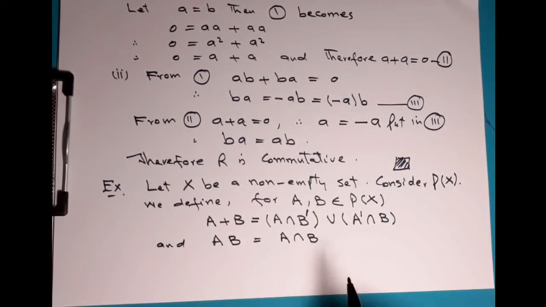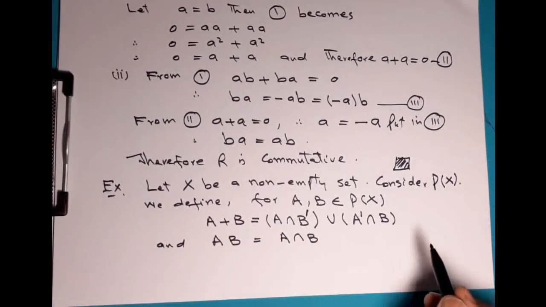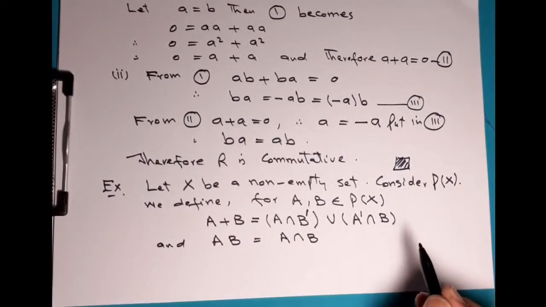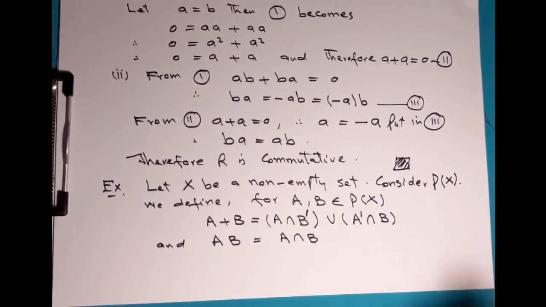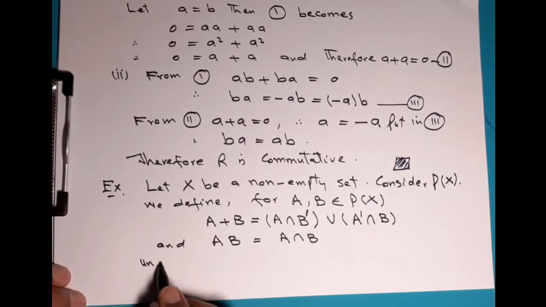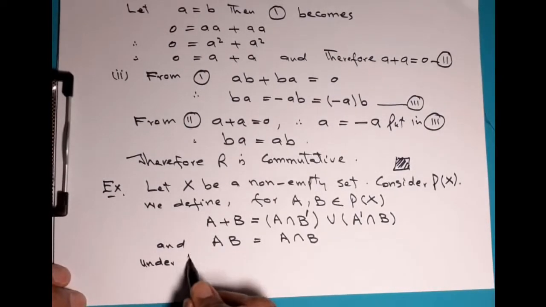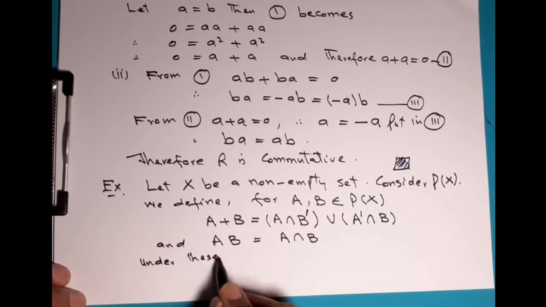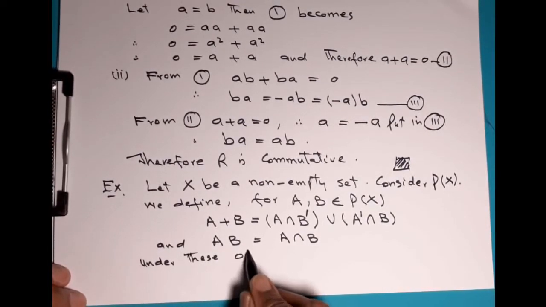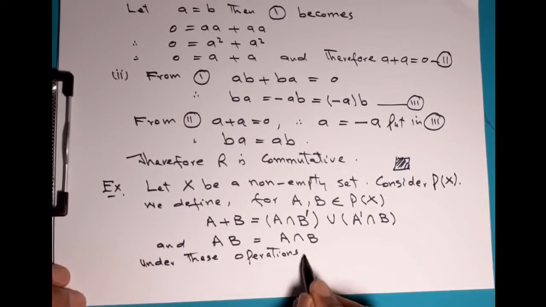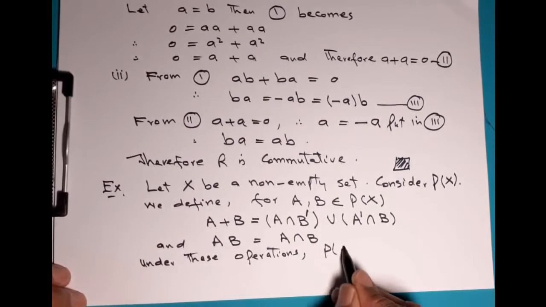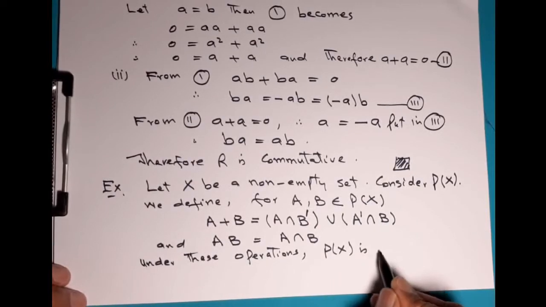Then with these operations, P(X), the power set of X, becomes a Boolean ring. Under these operations, P(X) is a Boolean ring.